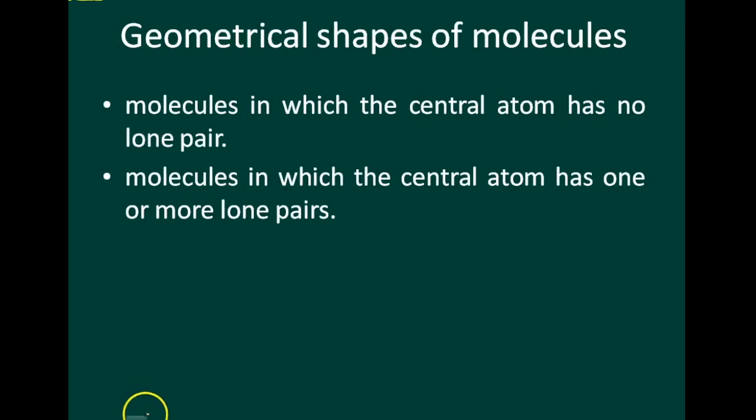And now the geometrical shapes of molecules: molecules in which the central atom has no lone pair, and molecules in which the central atom has one or more lone pairs.